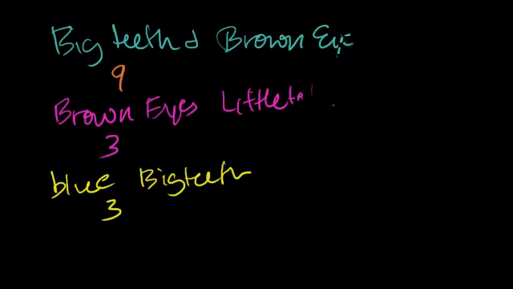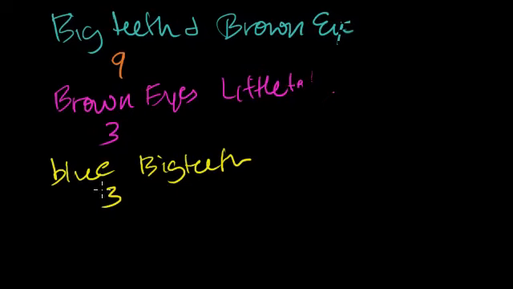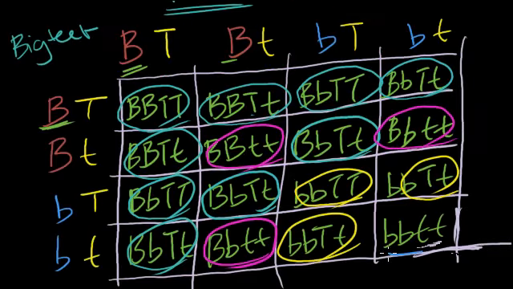And then if I want to be recessive on both traits, so I want blue eyes and little teeth, there's only one. Out of the 16, there's only one situation where I inherit the recessive trait from both parents for both traits.